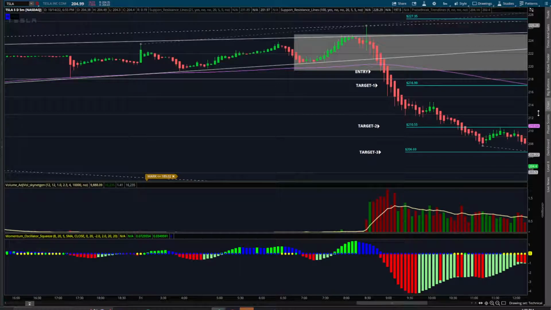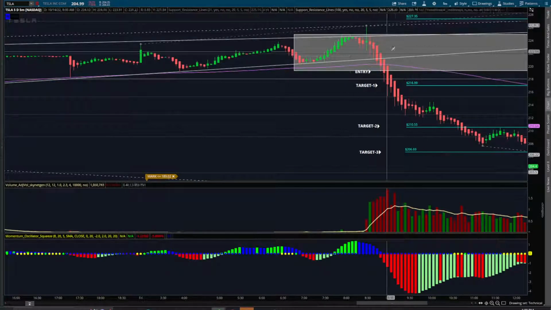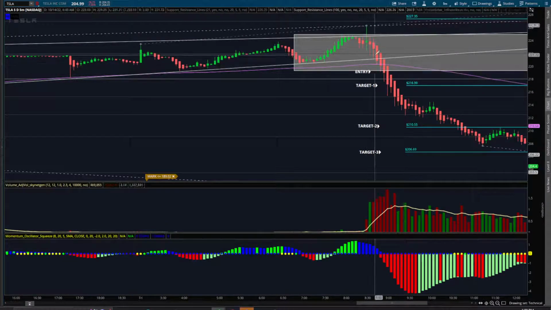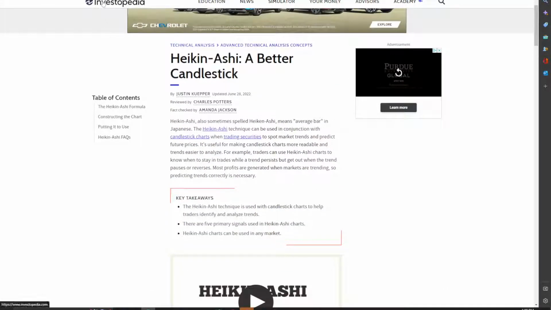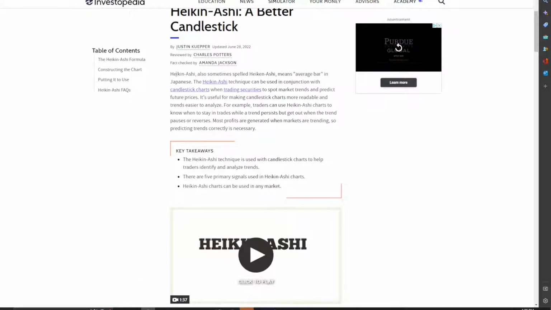All right, so I like using the Heikin Ashi candles. Now it doesn't give you the accurate price action. Here, let me explain what the Heikin Ashi is here on Investopedia. It says Heikin Ashi means average bar in Japanese. The Heikin Ashi technique can be used in conjunction with candlestick charts when trading securities to spot market trends and predict future prices.